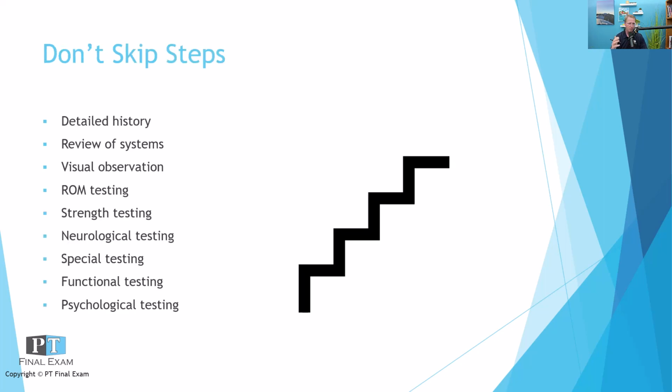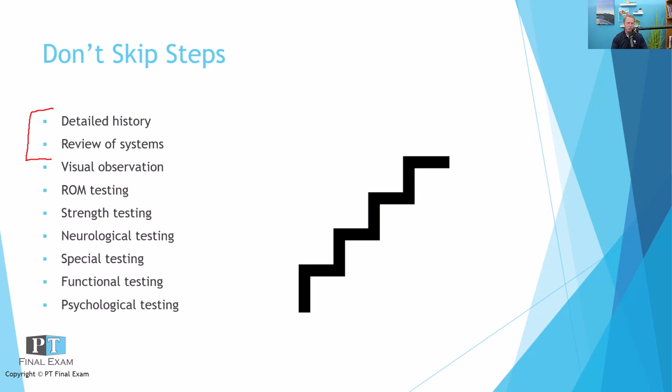So let's talk other things that I've seen. Questions that are very tricky would include stepwise or sequential type questions, meaning what would you do next? A lot of times when it comes to what would you do next, it's about the examination process. First things first is almost always you talk to the patient, get a good history, try to understand what the mechanism of injury was, what was the prior level of function, understand the patient that you're dealing with first.